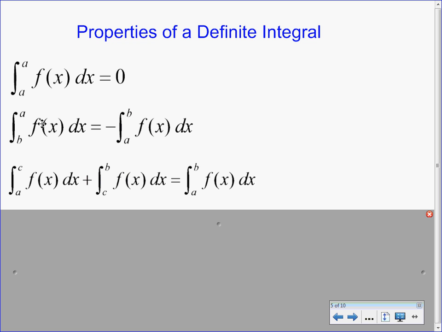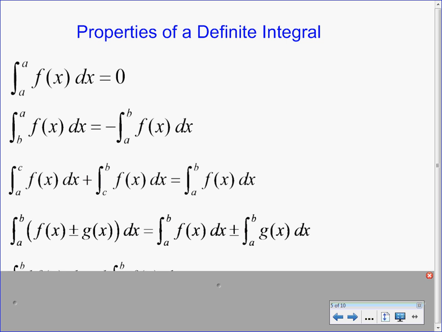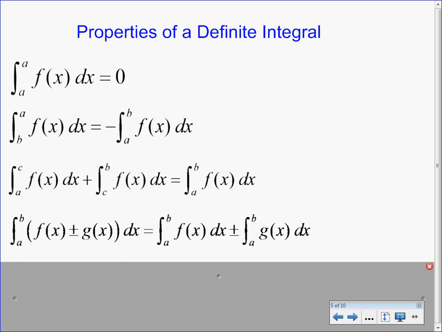Now these next two properties we've kind of already talked about informally when we did our antiderivatives. If we have two functions added or subtracted inside of our integral, we can separate it out into two different integrals. Just make sure this time you keep the limits of integration the same.